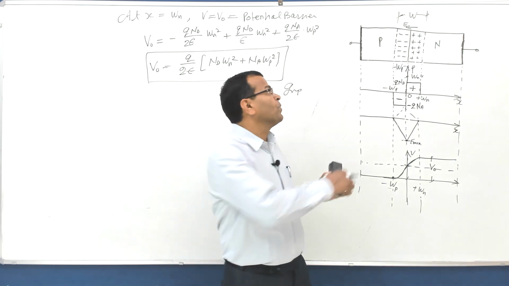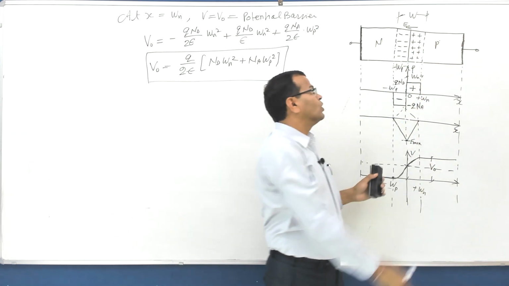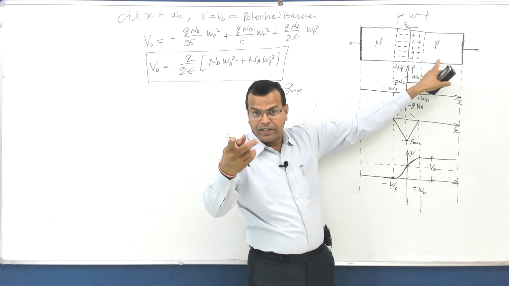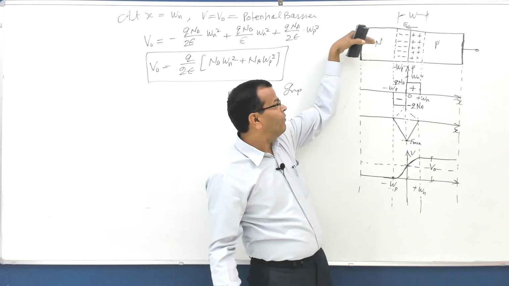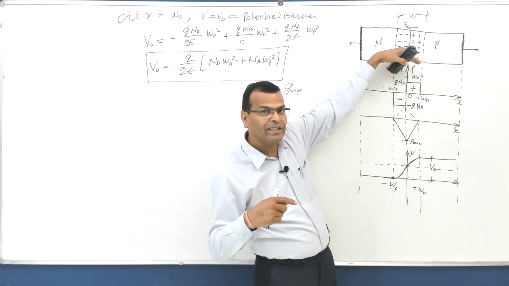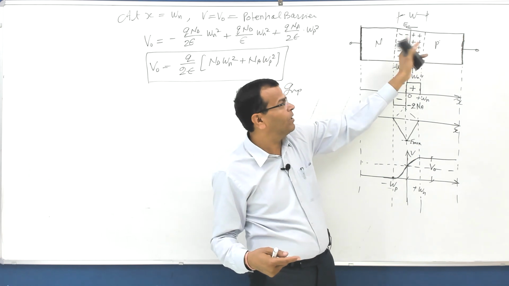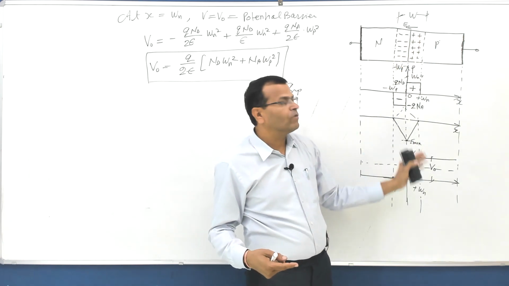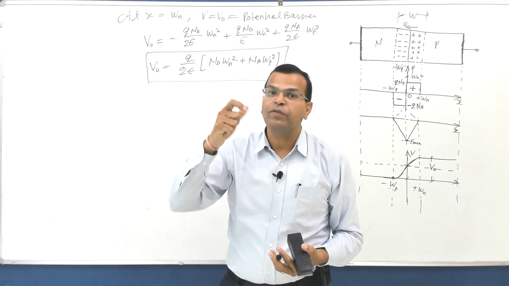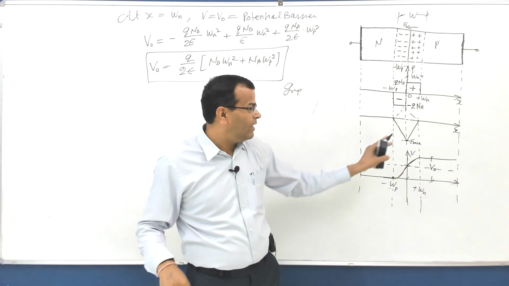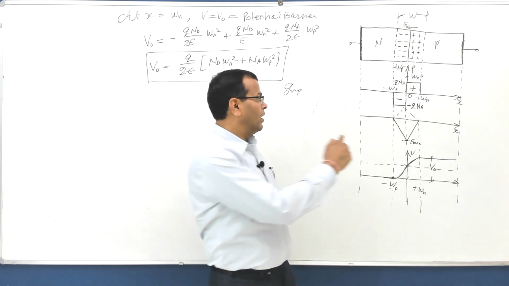I repeat, if you take this as N and this as P, with P placed on the positive x-axis, then when you move from the negative x-axis to the positive x-axis, this will be the direction of the electric field. In that case it will be reversed, so this will be positive. That hardly matters, but you should not get confused by the figure, because in textbooks it is given like this, but in the exam question it was given like this.